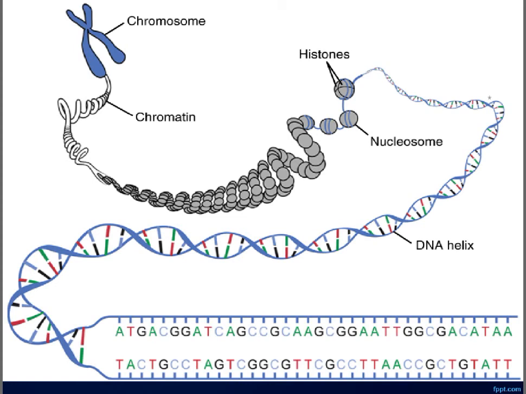Examining the chromatin structure and nucleosome positioning reveals epigenetic programs and mechanisms involved in specific cellular processes and disease states. So this is the structure of chromatin in a detailed manner.